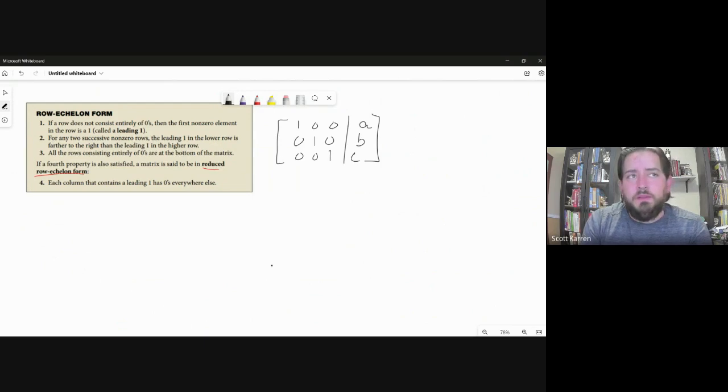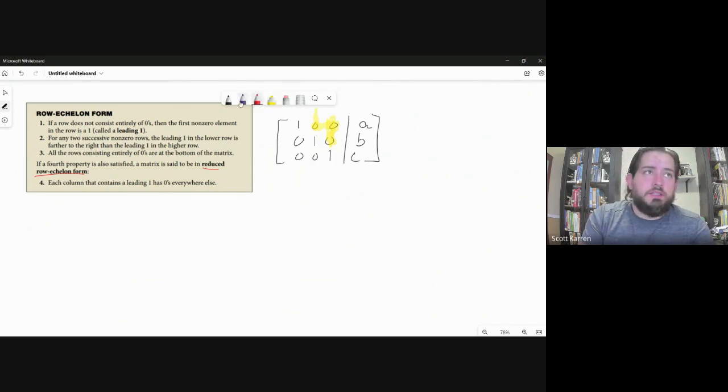All right. This is reduced row echelon form, where now not only are we zeroing out everything below the ones, but we zero out everything to the right of the ones as well, right? Or you can look at it as zeroing out things above the ones as well as below the ones.